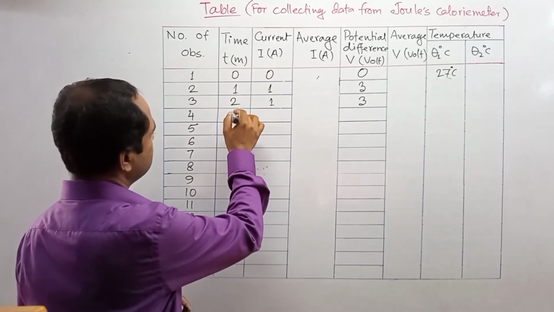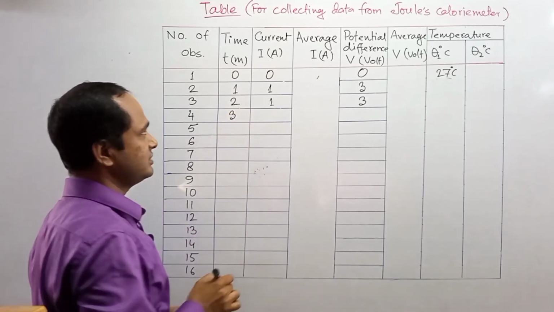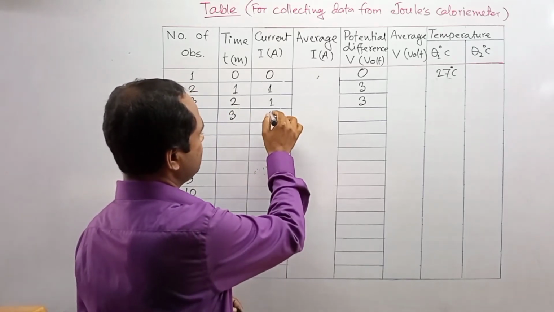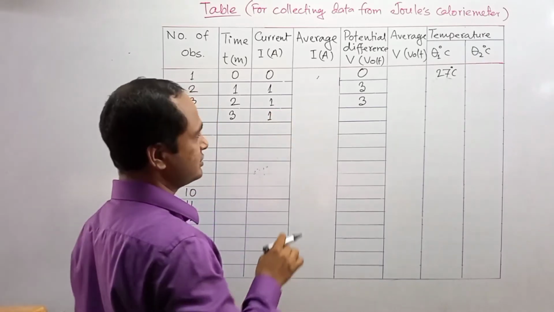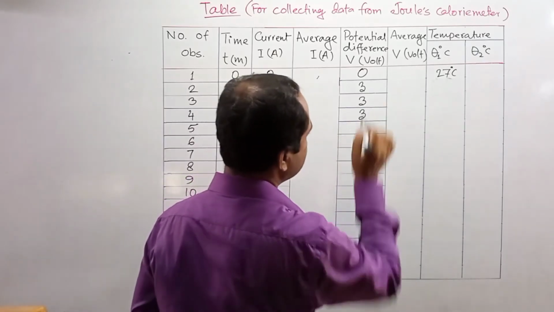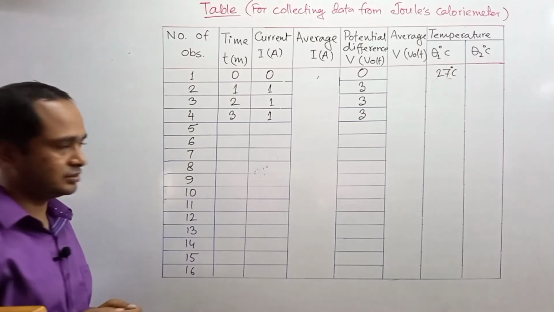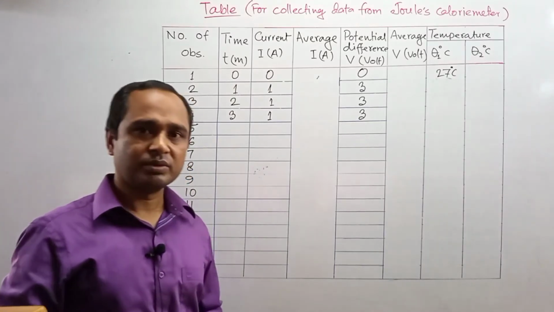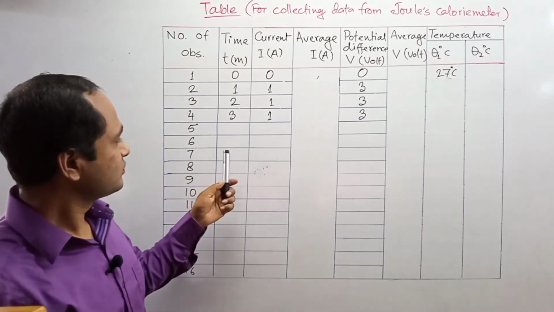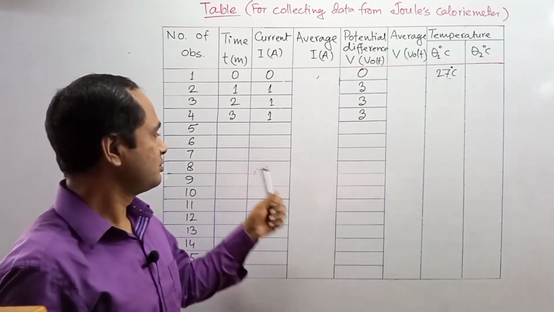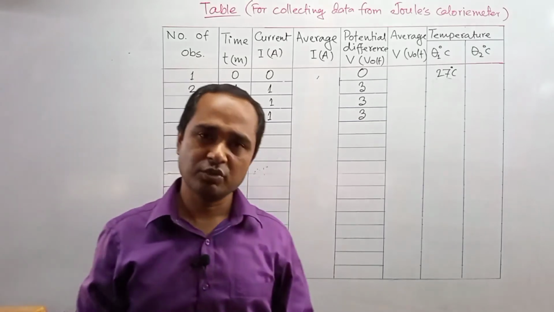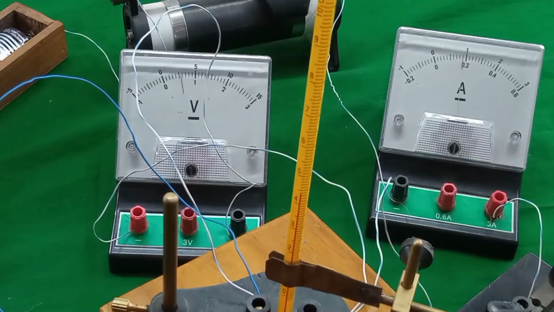So after 3 minutes, the reading of the ammeter was 1 ampere and reading of the voltmeter was 3 volt. Dear students, similarly we will collect the data for the ammeter and voltmeter after every 1 minute, right?